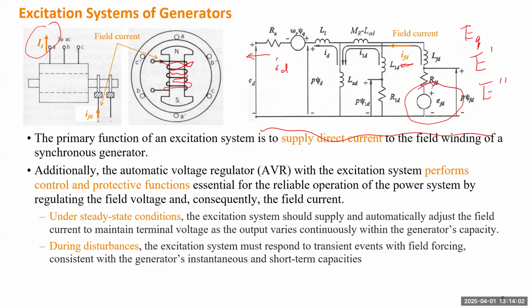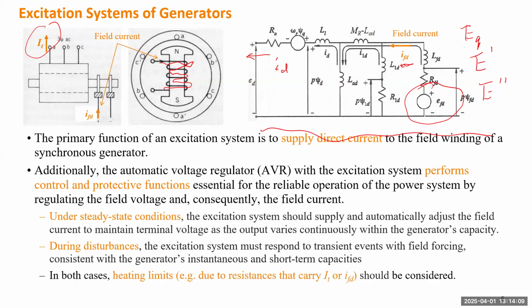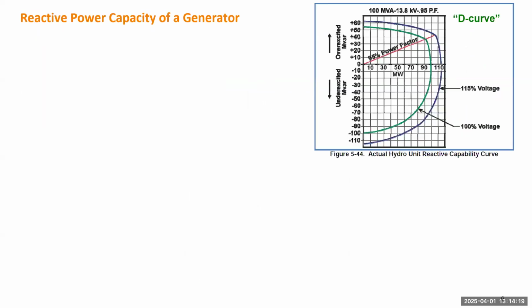So go back to this voltage control. If the current becomes smaller, the rated power capacity of the generator also becomes reduced. So we need to consider the heating limit for both the terminal current and the field current. That comes with this figure, which is called the D curve or D chart of a generator. This chart describes the first quadrant and the fourth quadrant of generator operation.